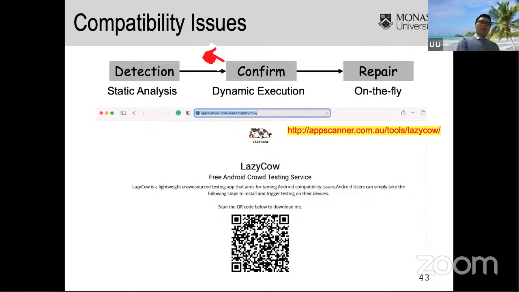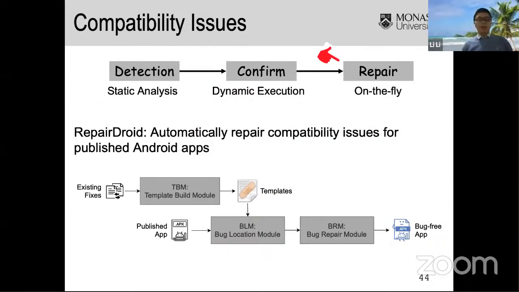After we statically detect the compatibility issues, hopefully most of them can be confirmed by running them on actual devices. The next step we want to achieve is to help users and developers automatically fix those compatibility issues. We believe it is not only important to help developers repair such issues at development time, for example through some IDE plugins, which we are currently working on.